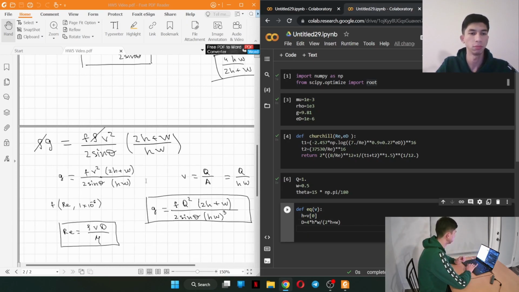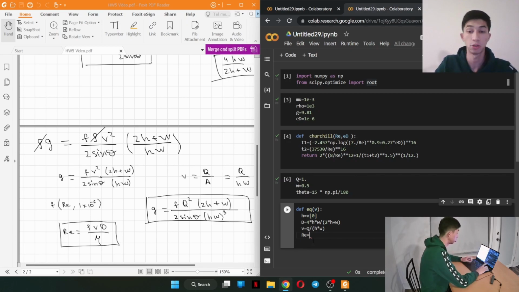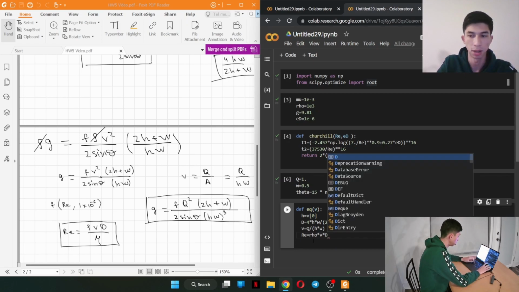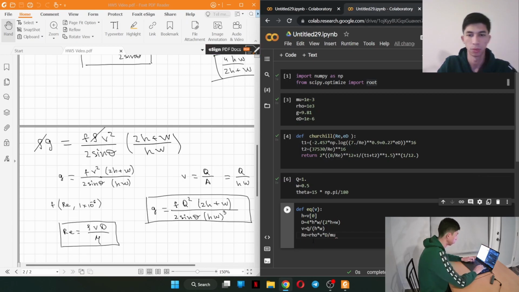Here we can have our velocity, which is going to be equal to q over h times w. The next thing is we can write down our Reynolds number equation. We need the effective diameter in our Reynolds number, so it's rho times velocity times diameter divided by mu, which is the viscosity of water.